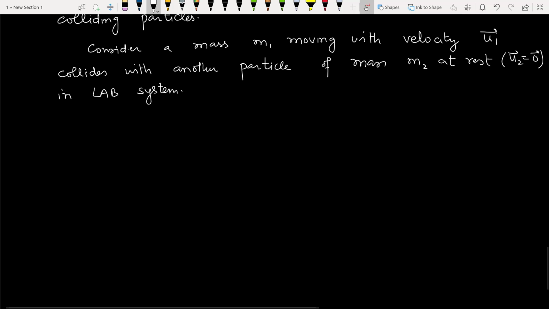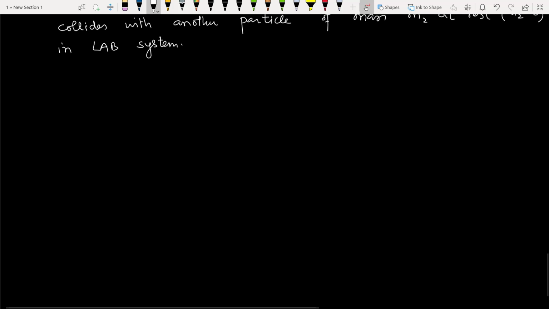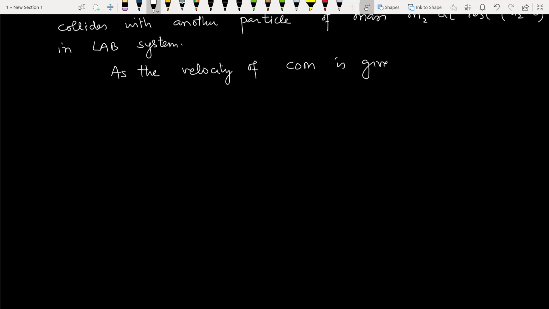So the velocity of the center of mass is given by its formula, m1 u1 plus m2 u2 upon m1 plus m2.